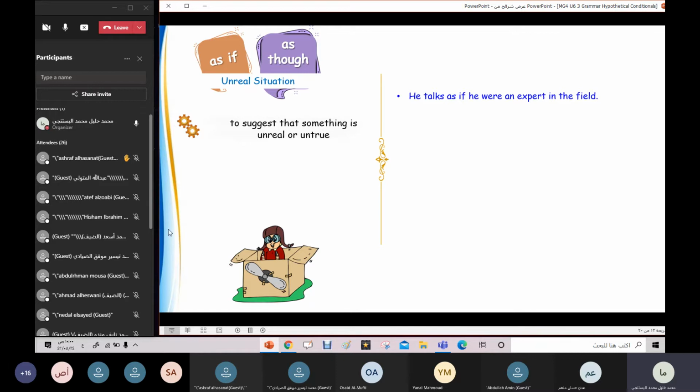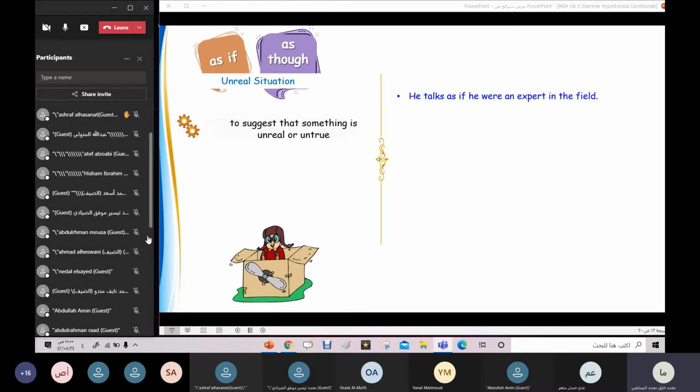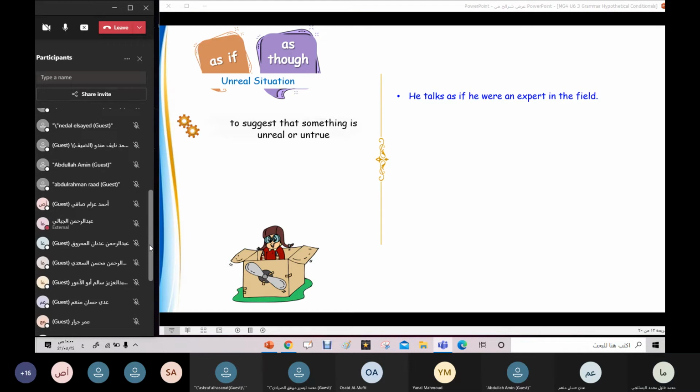Yanal, read the example. He talks as if he were an expert in the field. Good. You realize as if is followed by simple past. Sometimes it is followed by past perfect.